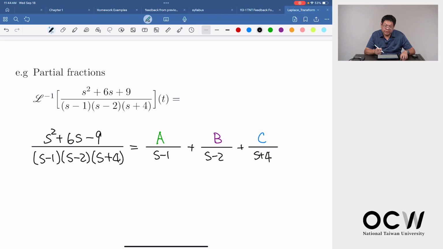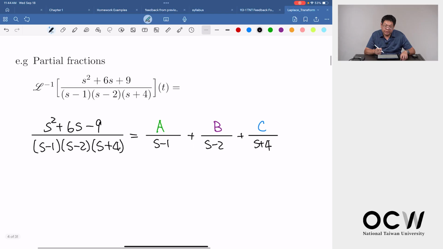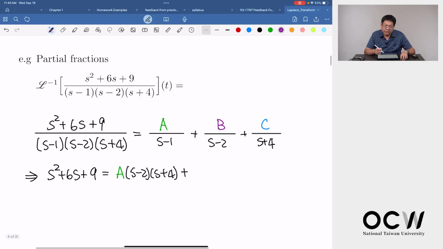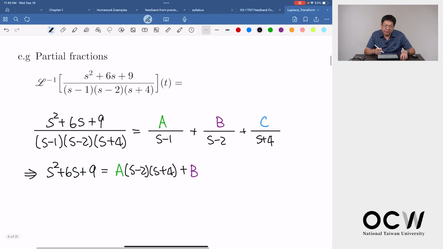Okay. So we will compare the numerator. Okay, the left-hand side is s squared plus 6s plus 9. The right-hand side should be a times s minus 2, s plus 4, and b s minus 1, s plus 4.